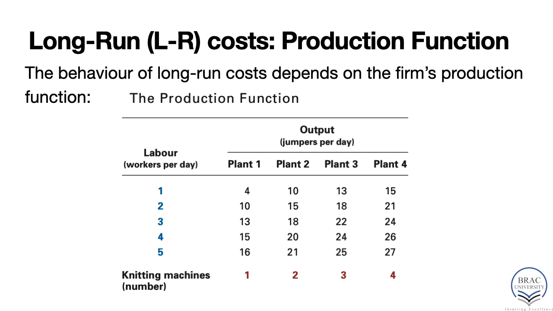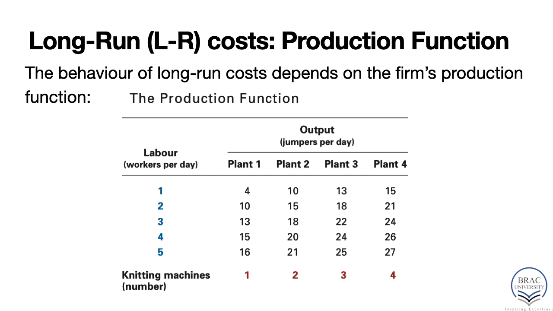If we double the plant size from 1 kneading machine to 2 kneading machines, then various amounts of output that labor can produce are shown in the column headed by plant 2. Also, you can see what outputs with 3 and 4 machines are produced in the production table.